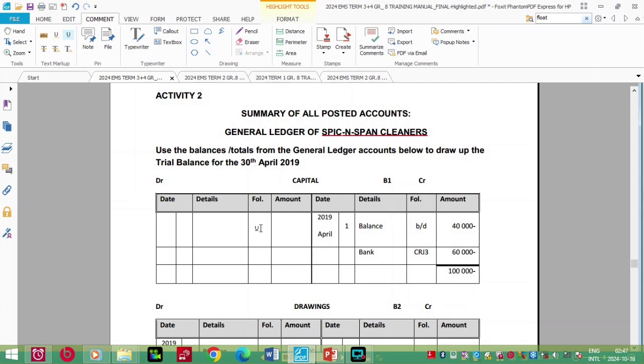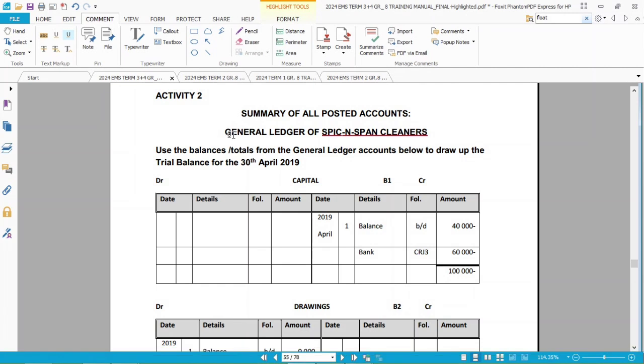Okay, so there's Activity 2 from the manual provided by the Sibande district. Here, summary of all accounts, or all posted accounts. You've got the general ledger of Speak and Spend Cleaners.